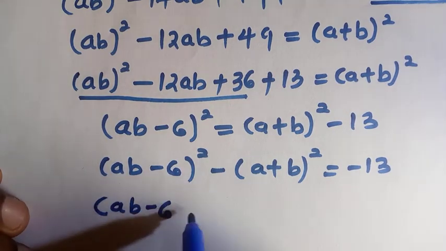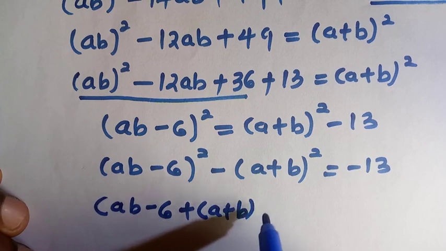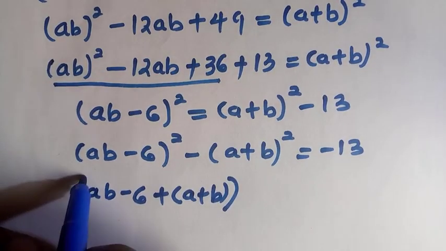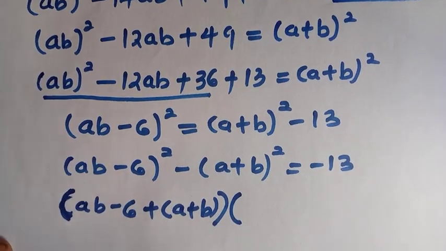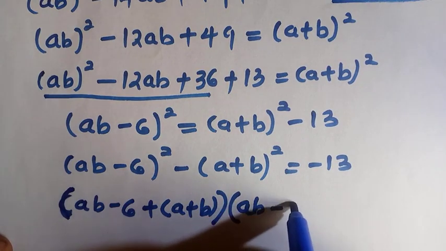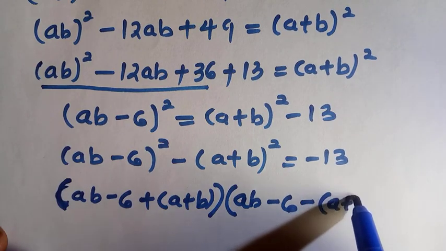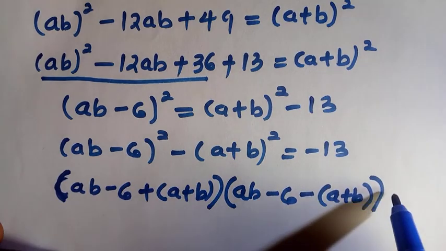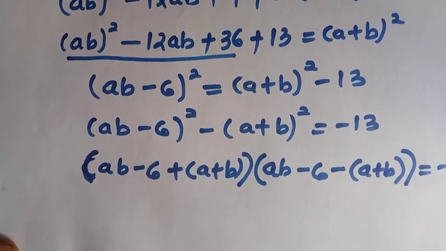So applying it, we have (ab - 6) minus (a + b) for the first factor, and (ab - 6) plus (a + b) for the second, and this equals negative 13.